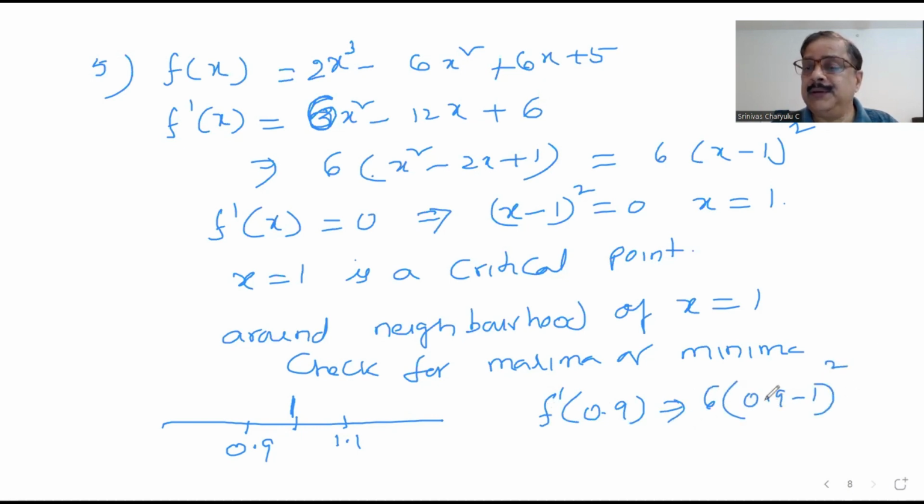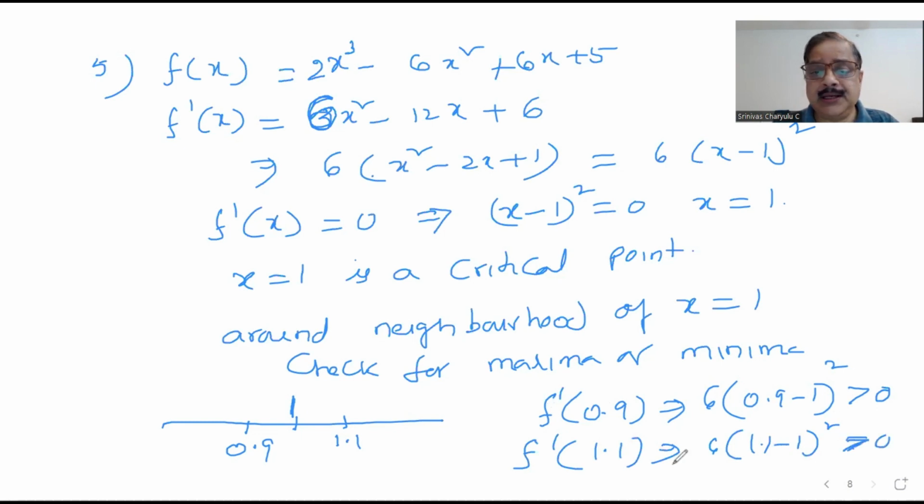Here, without any doubt, we can tell this is greater than 0. Then f dash of 1.1 is also always greater than 0. That means on both sides we have f dash x greater than 0.